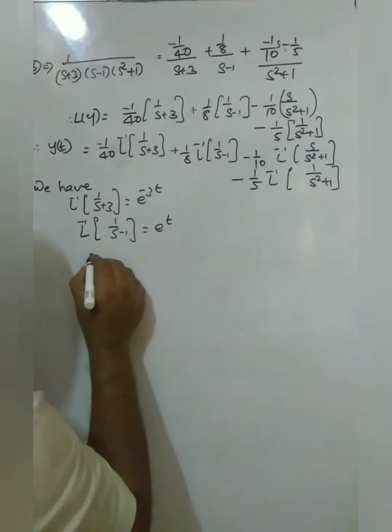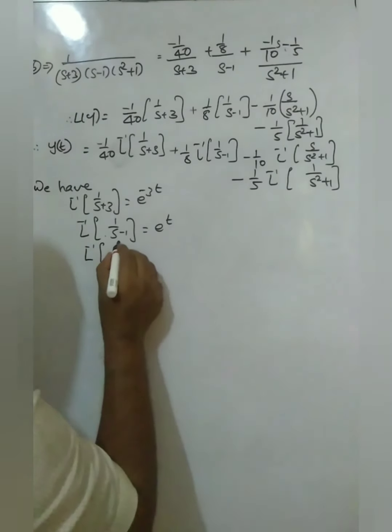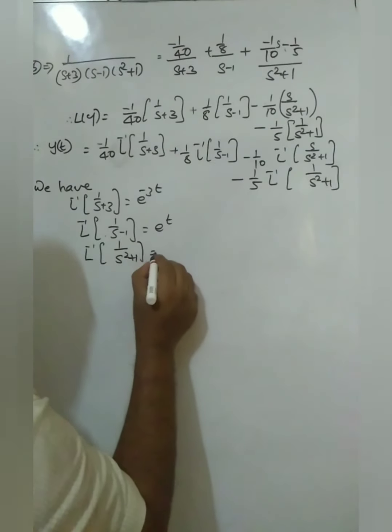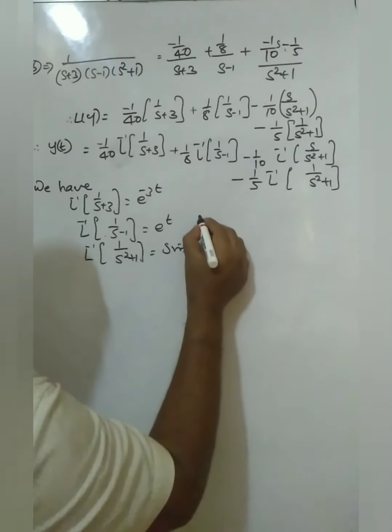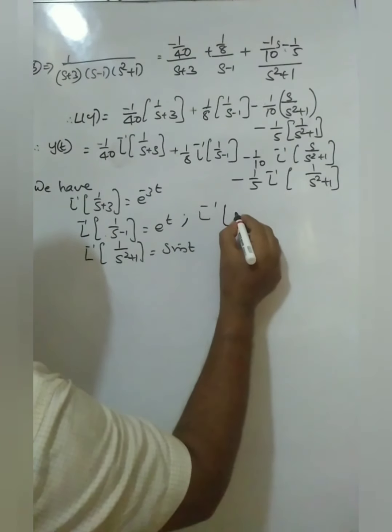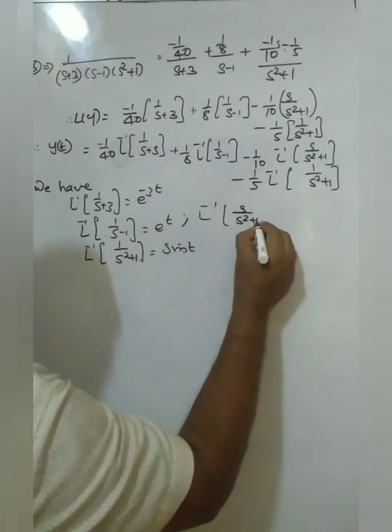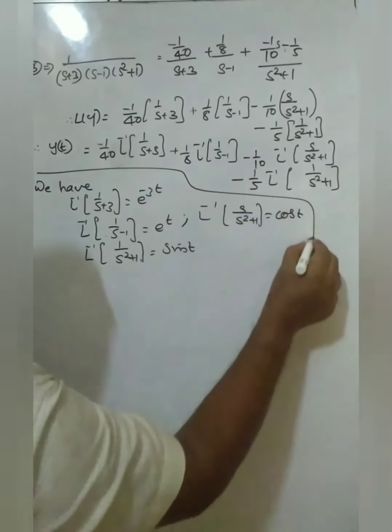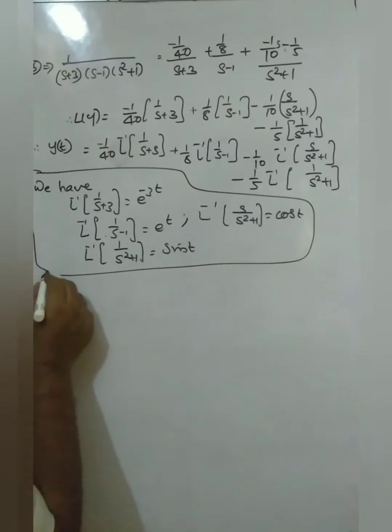L inverse of 1 by s square plus 1 equal to sin t. L inverse of s by s square plus 1 is equal to cos t. So these are the formulas we used.